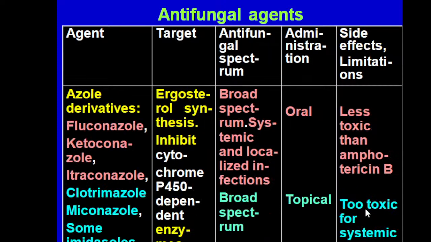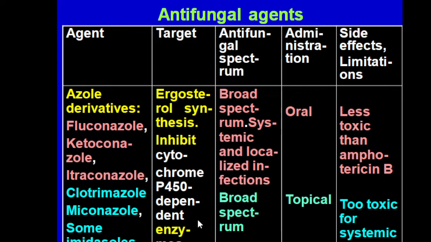So then, azole derivatives. Many of them: fluconazole, ketoconazole, itraconazole, and others. They also affect ergosterol, but not ergosterol itself, rather the synthesis of ergosterol, because those drugs inhibit the cytochrome P450 dependent enzymes.